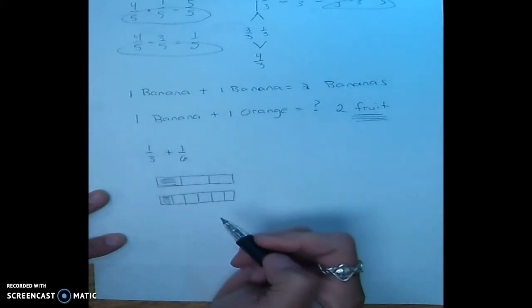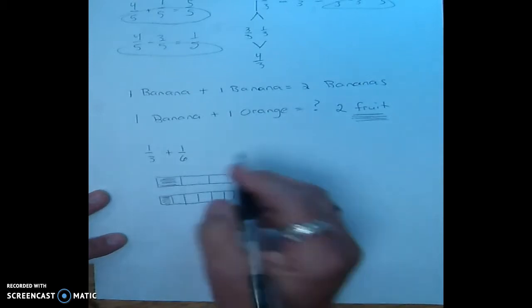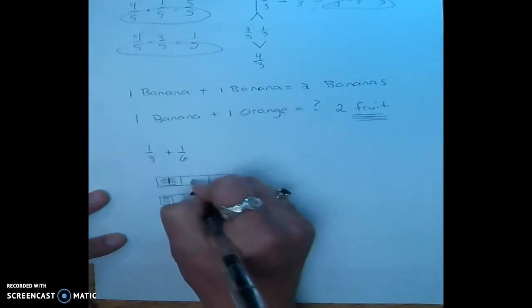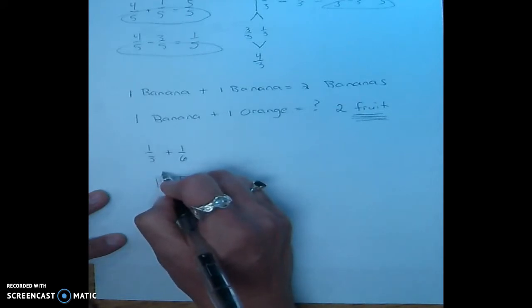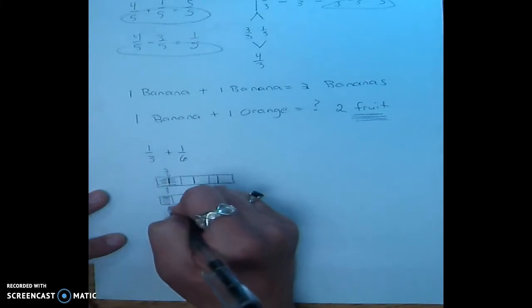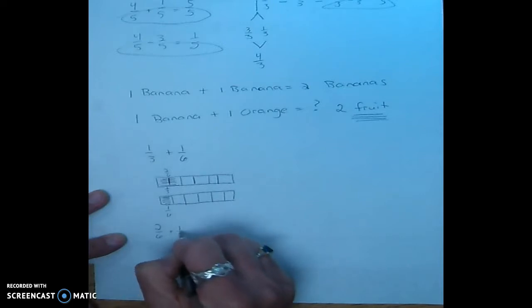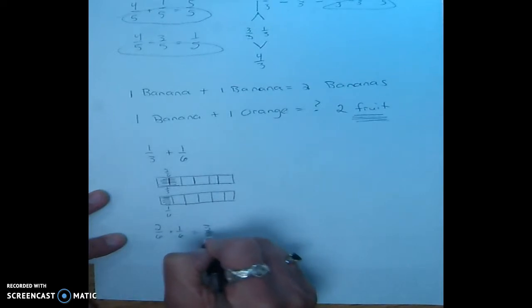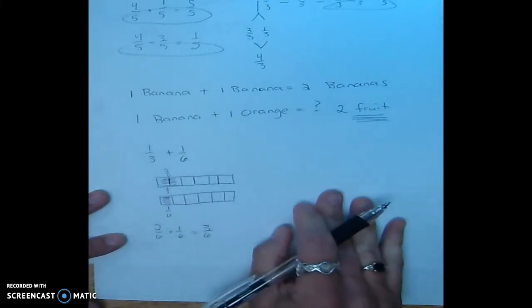Now, what could I do to make them the same? Well, yes, I could add lines here to make this 1/3 become 2/6, and this is 1/6. So I could add 2/6 plus 1/6, and that equals 3/6.